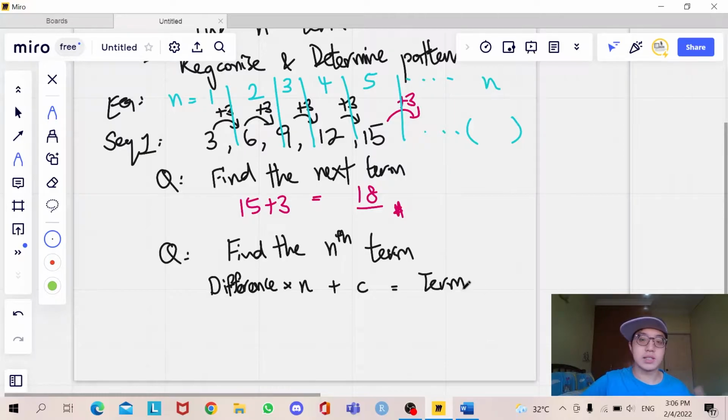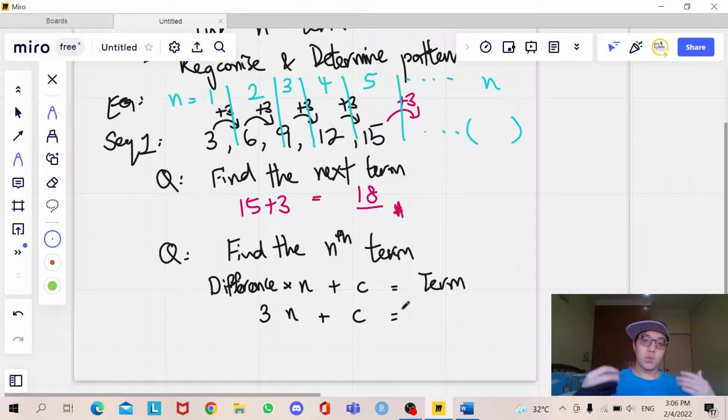What does this mean? From this example, the difference is 3, so we have 3n. So the difference multiplied by n, which is 3n, and then you add a constant term c in order to equal the term.